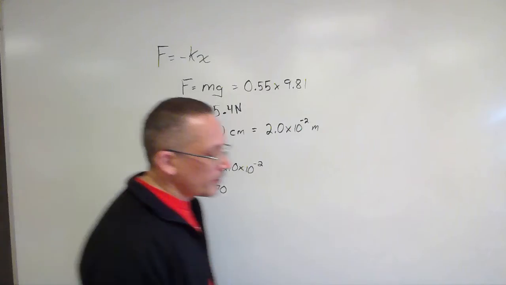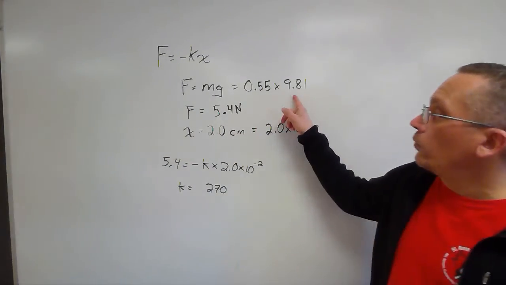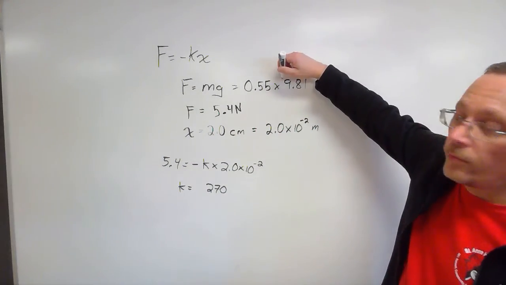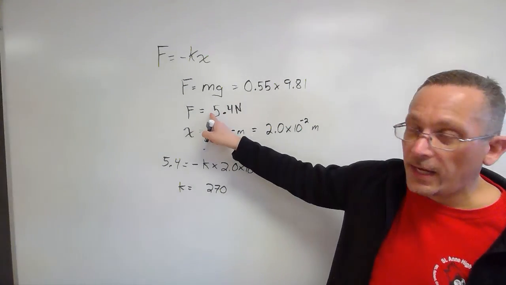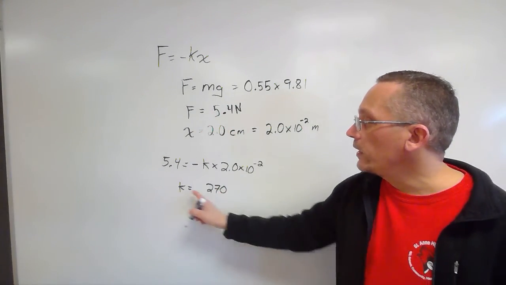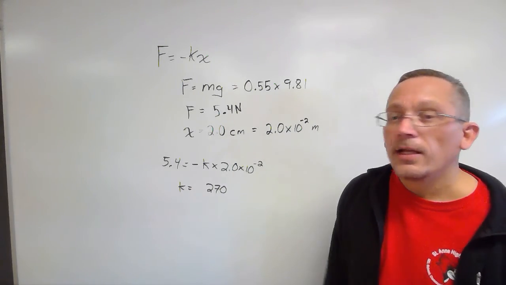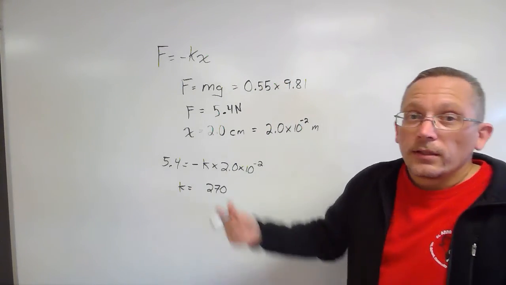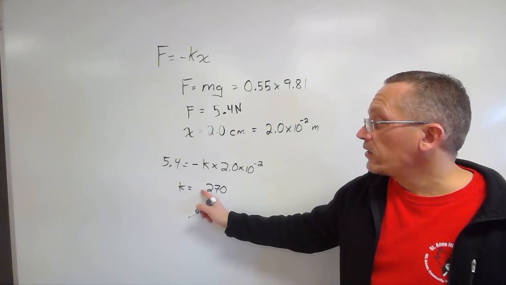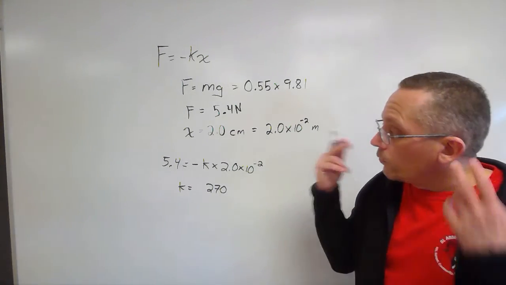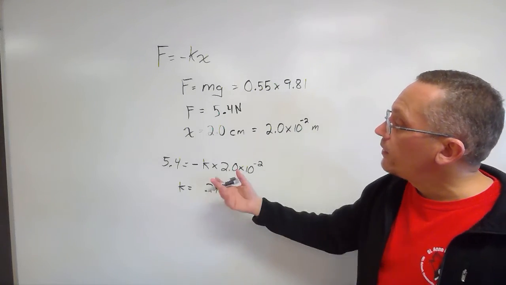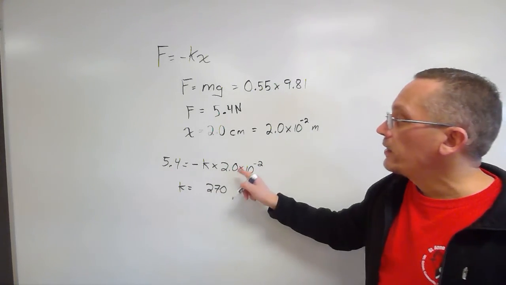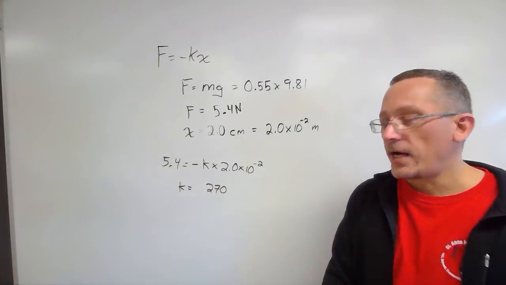Now let's talk about the negatives for a second here. We learned at some point that g was negative. Up here we could have put negative, and then our force would have been negative, and then here we would get a positive answer, right? I didn't do that. That's okay. Here I actually got negative 270. Really, all that sign is telling us is that the force and the displacement are going to be in opposite directions.